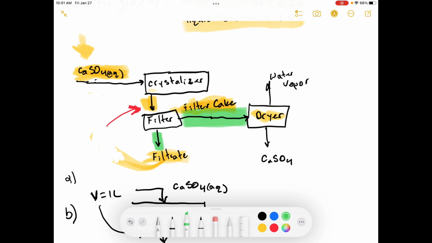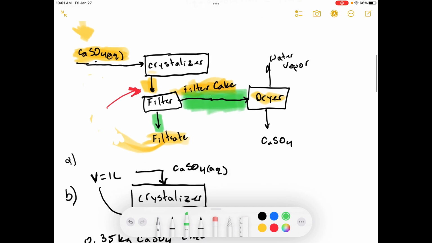The only stuff that wouldn't be caught by the filter, we can assume you've got a 100% effective filter, the only stuff that's not caught by the filter is the calcium sulfate that is aqueous. It just is on a molecular level and passes through the filter because it's dissolved into the liquid. On the other hand, if it's a solid, then you recover it.